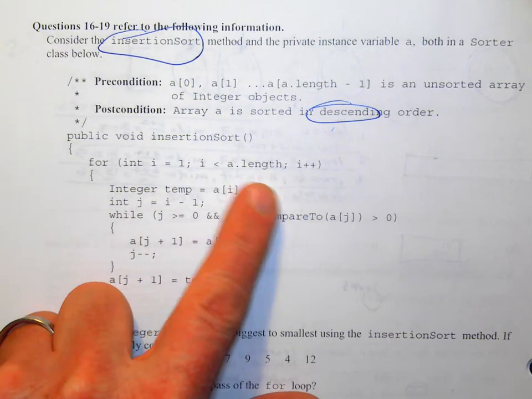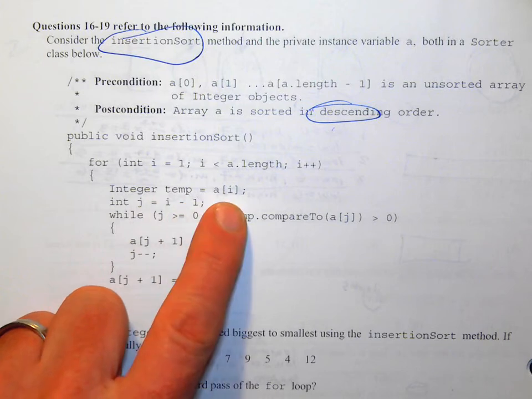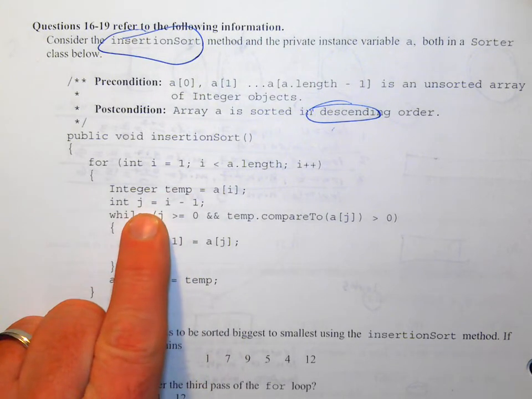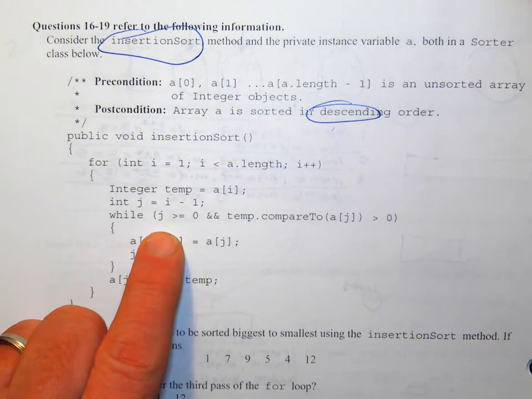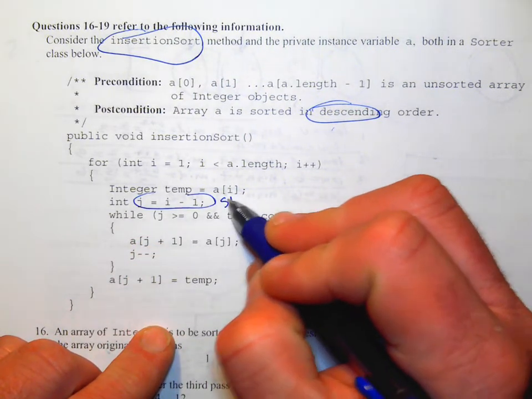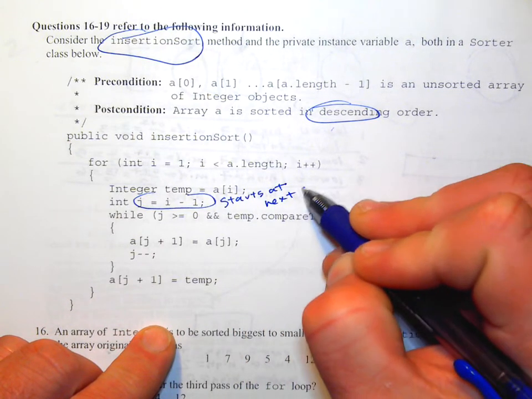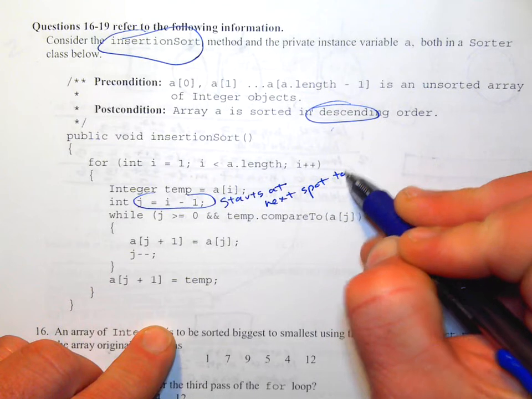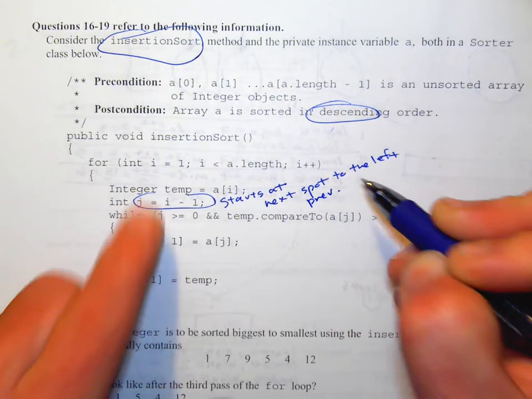And it goes through the whole thing, and it creates a temporary variable to hold the current spot, and then it creates another variable, j equals i minus 1. And so what this does is it starts at the spot to the left, the previous spot of where we're at.